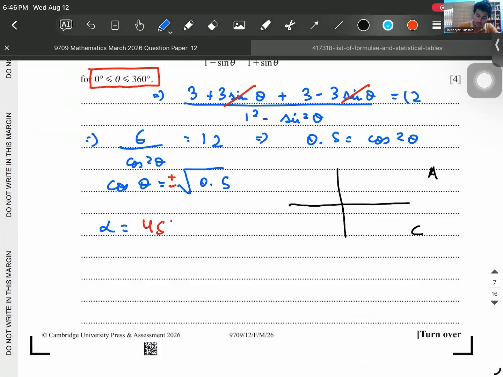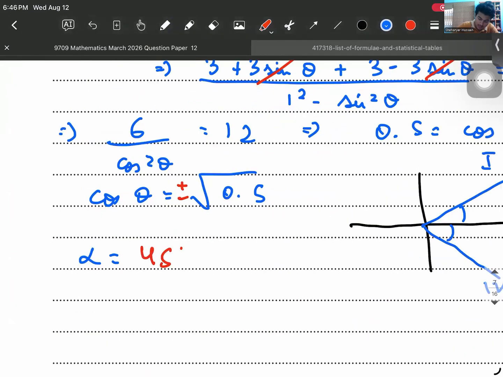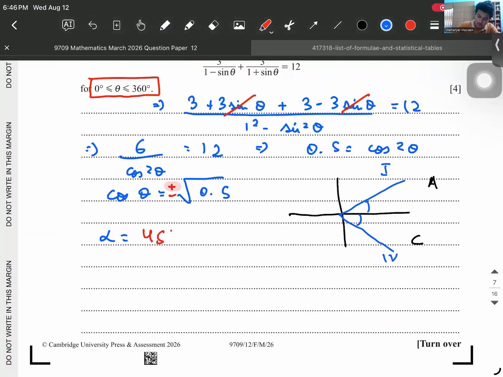In these two quadrants, which are the first and the fourth quadrant, cos is positive. So one answer of theta is 45. The other is 360 minus 45, which turns out to being 315 degrees.